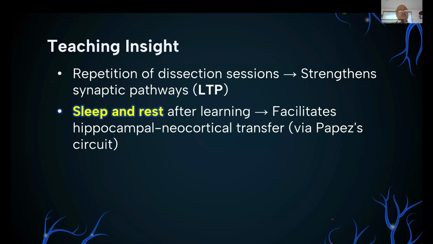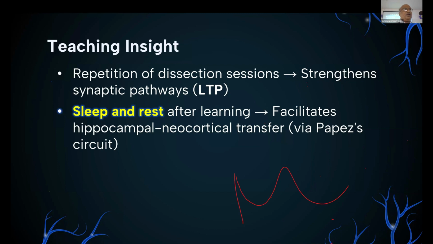Next, a very, very important thing: sleep and rest. Sleep and rest after learning facilitate the transfer of your consolidated memory to the neocortex through the PAP circuit. That's why proper sleep and rest is important. When do you have to sleep? Not in the lecture. During the night you have to sleep.